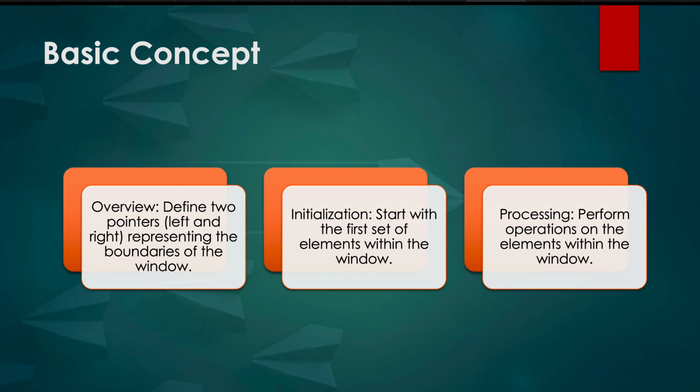As we see in the array, we define two pointers, the left bound and the right bound, basically representing the boundaries of the window. In the initialization phase, we start from the first set of elements within the window and then perform the operations on the elements within the window, then move the window. So you define the two pointers, start with the first set of elements within the window, then perform the operations on the elements within the window based on the requirement, like what is the ask in the problem we have.